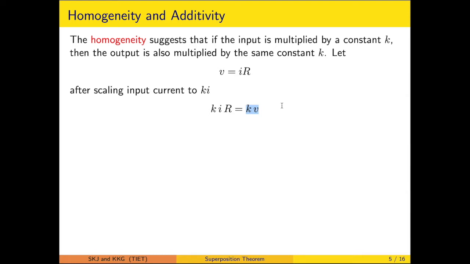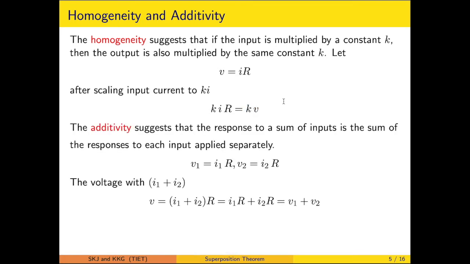In case of an inductor, if the input current is I, then the corresponding voltage is V equal to L di by dt. If I is scaled by a factor K, the output voltage will also be scaled by the same factor. The same holds true for the capacitor. So homogeneity suggests that if the input is multiplied by a constant K, then the output is also multiplied by the same constant K.